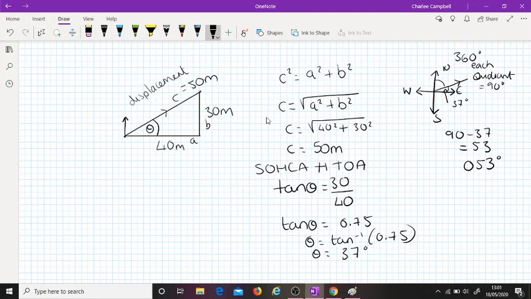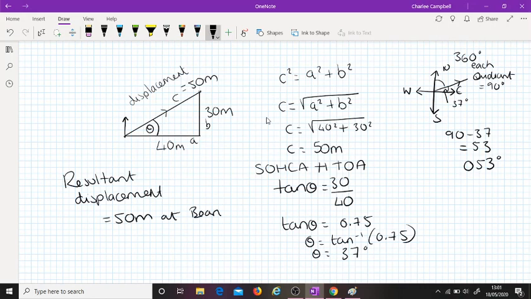So the total resultant displacement from where she starts to where she finishes is 50 metres at a bearing of 053 degrees.